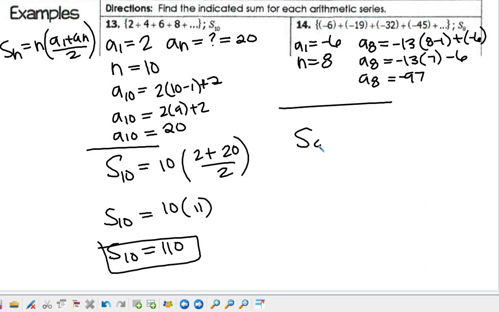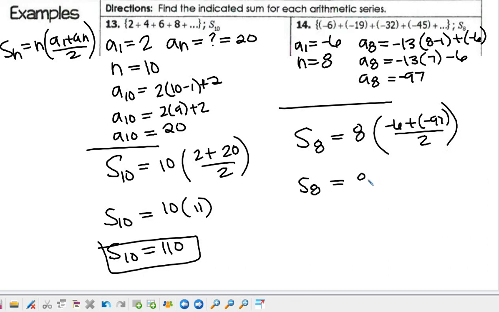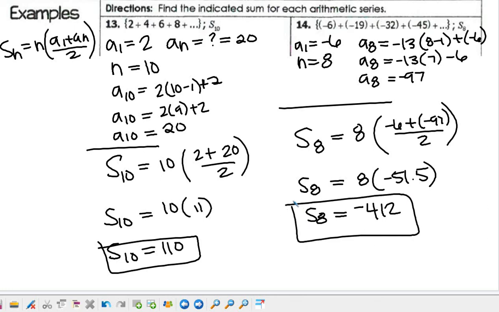So s sub 8 is equal to n, which is my number of terms, 8, times my first term plus my last term, all divided by 2. Which is negative 412.